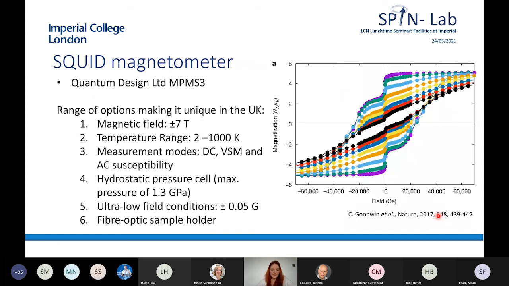The one in the Spinlab is Quantum Design's latest MPMS-3 system with a 7 Tesla superconducting magnet and a range of unique options. The system can operate between 2 Kelvin and 1000 Kelvin with a liquefier and a closed cycle cryogenic option.